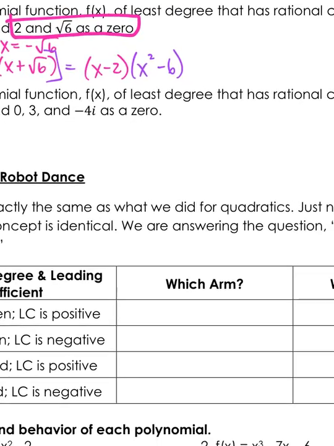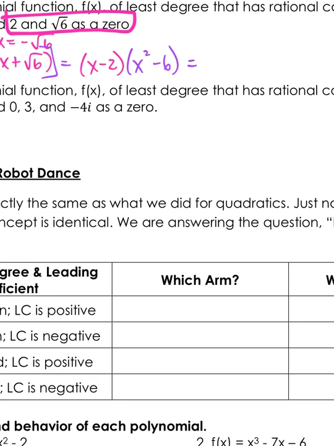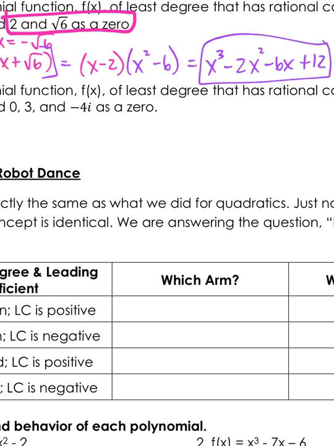And now when I multiply those together, I'm going to get x cubed minus 2x squared minus 6x plus 12. So it's really just remembering to write the opposites as answers as well.